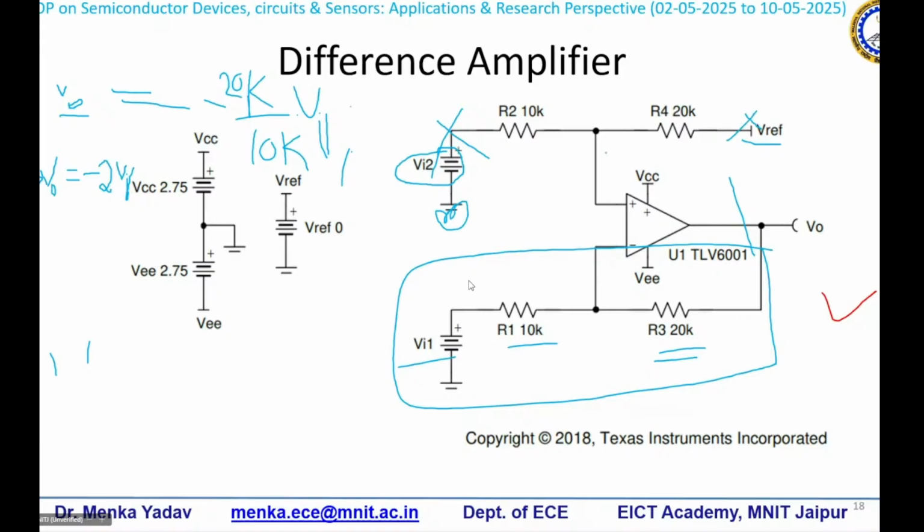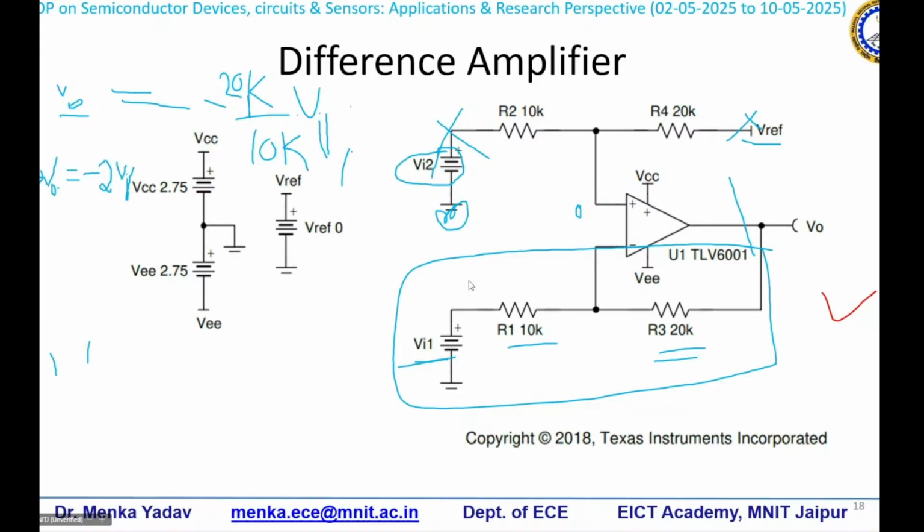Between these two grounds, we can expect this is also zero potential. So the component of Vi1 is given by minus 20 by 10 Vi1 at the output.